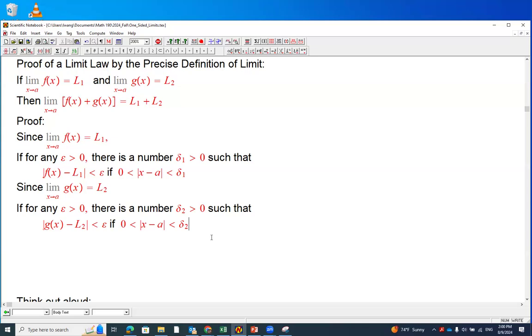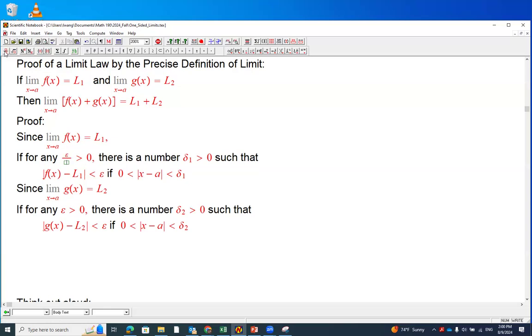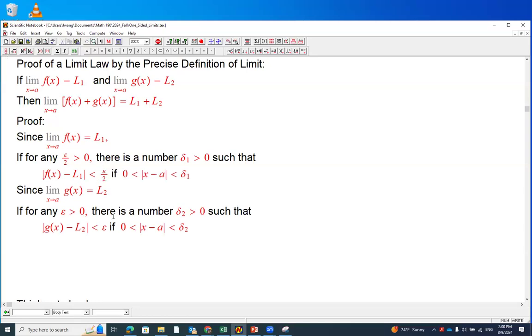So if for any epsilon greater than 0 there's a delta 1, how about we say for any epsilon divided by 2, will there be a delta 1? Yes, there will probably be another delta 1, so I can make this true. If it's true for any epsilon, it should be true for any epsilon divided by 2.